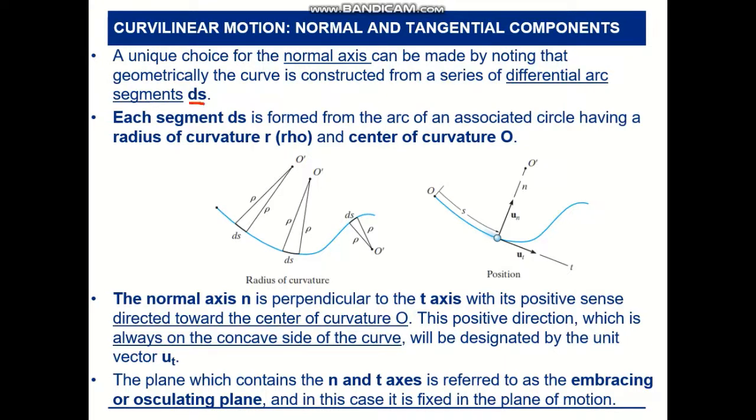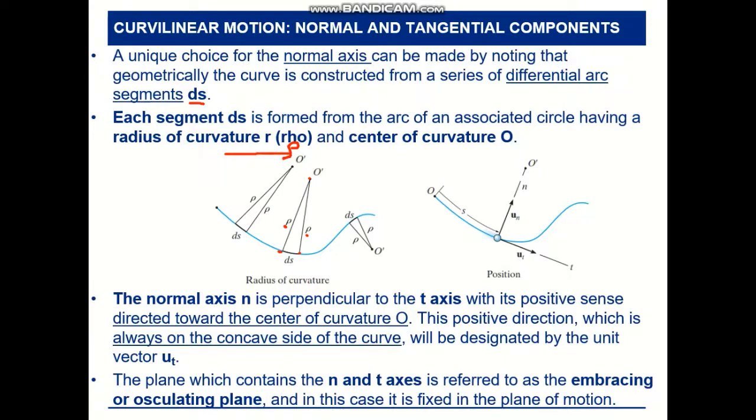Each segment ds is formed from the arc of an associated circle having a radius of curvature, which is represented by rho, and center of curvature O. Okay, so at this point there is one rho, this point is going to be another rho, so this is called radius of curvature for this curve.